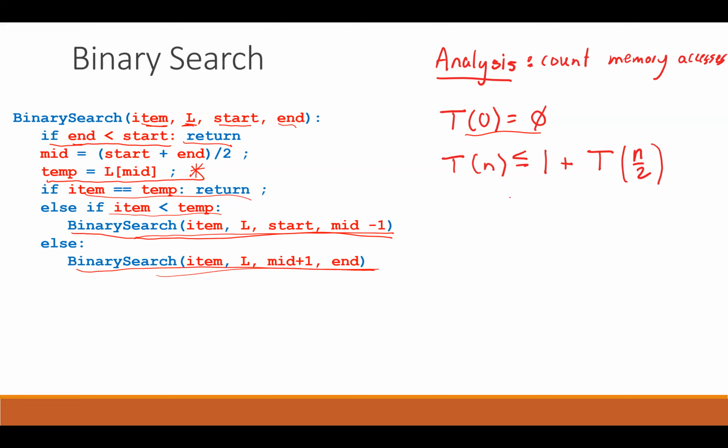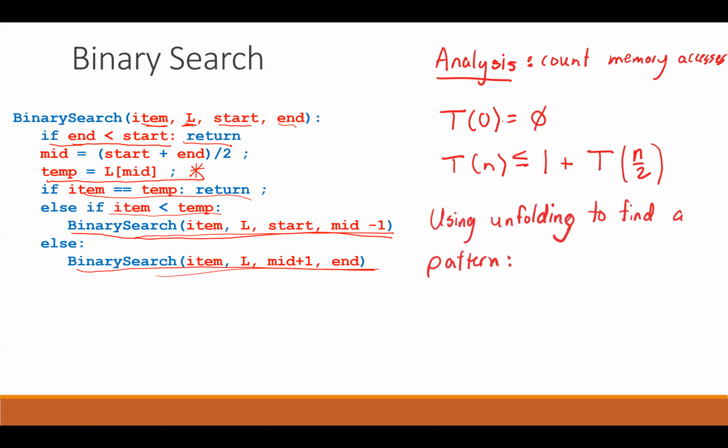Okay, so we have a very simple recurrence in this case, much simpler than merge sort, but we're going to do the same thing. We're going to unfold it until we find a pattern. The pattern is going to be pretty straightforward. And then we're going to substitute in our k value, right? So we assume it goes for k steps. We substitute in our k, solve for k, get our guess, prove by induction.